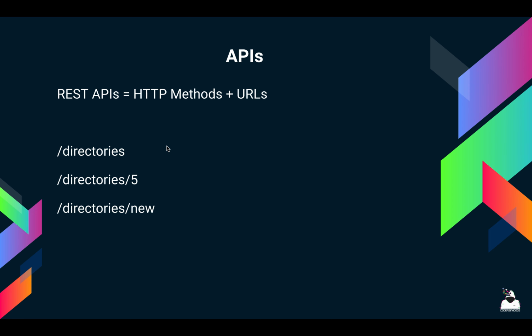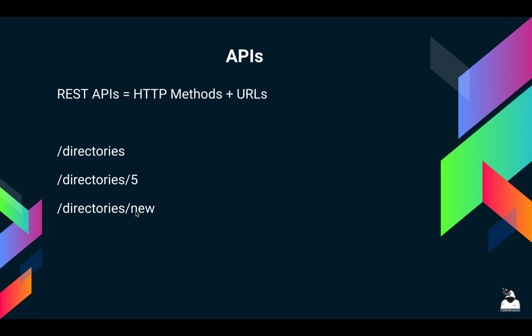So for REST APIs, we have our HTTP methods plus these URLs, so /directories/5. Now this is just an example. It is an ID of some sort, but in this case we want to see the 5th directory, so we're passing it a directory with an ID of 5.